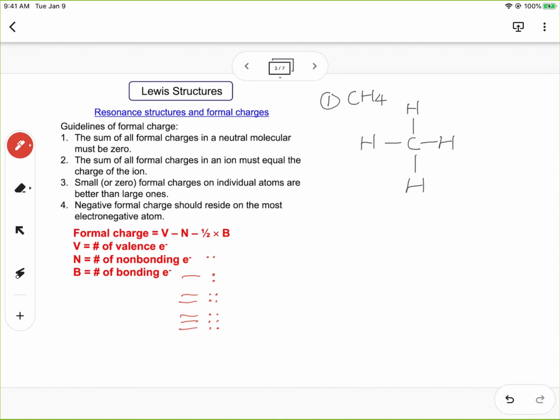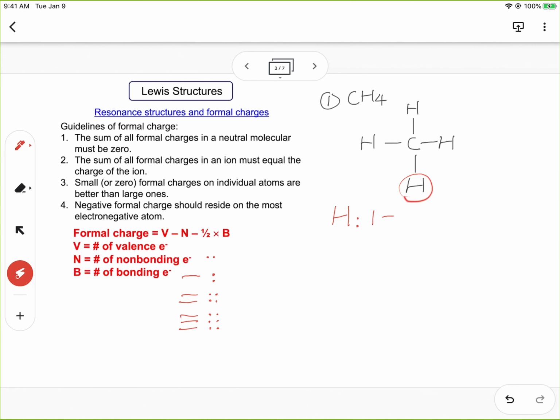Right, first example, the methane molecule. Here is the Lewis structure of methane: 4 hydrogens interacting with the central carbon atom through single bonds. Now let's calculate the formal charge of hydrogen and carbon. Hydrogen: valence electrons 1, minus non-bonding electrons.